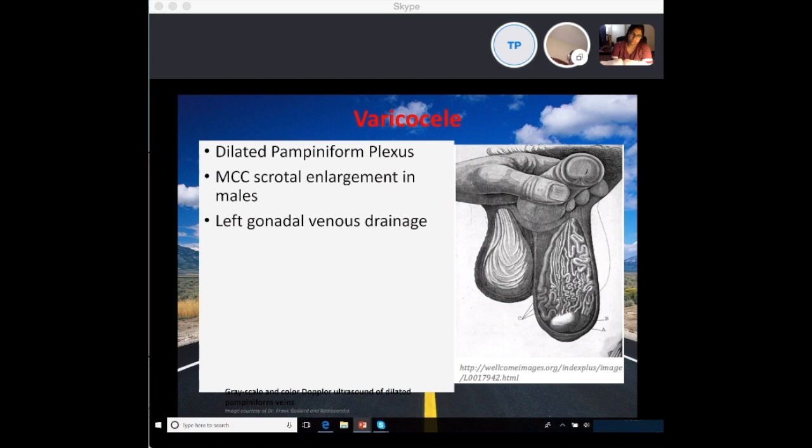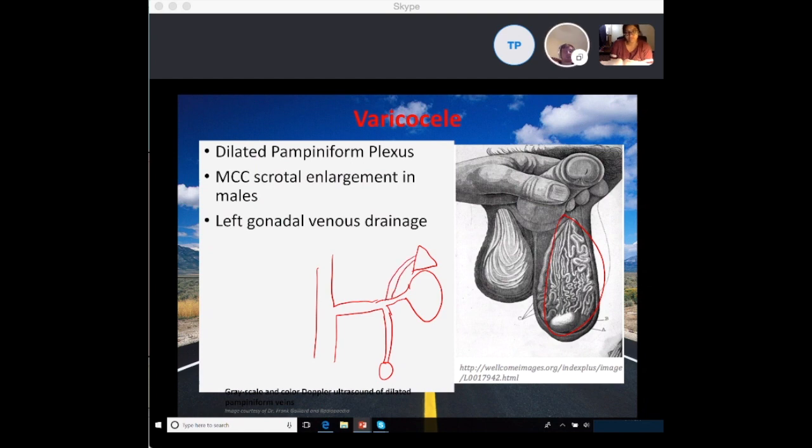In addition to the testicular vein, there's another one. So we've got the testicular vein, here's the kidney vein or renal vein, and here's the IVC. But there's something else that also drains into the renal vein. The adrenal vein. Make sense? Yes? No? Okay, yeah.